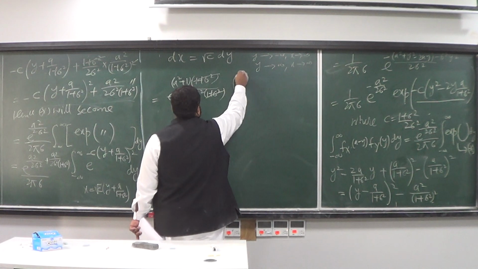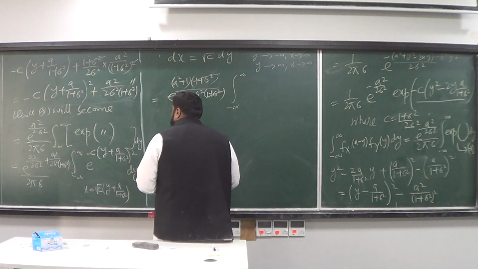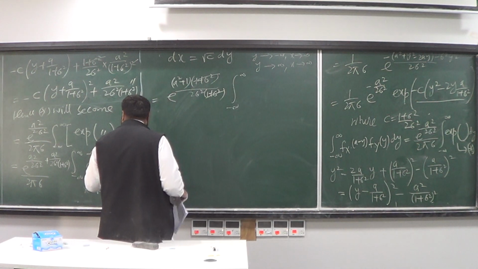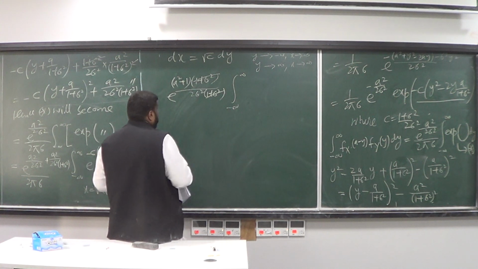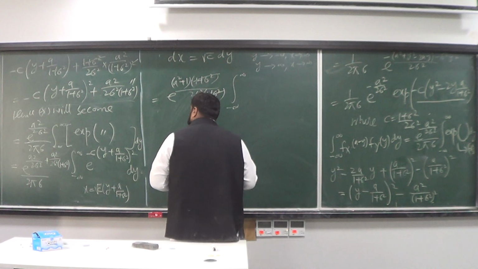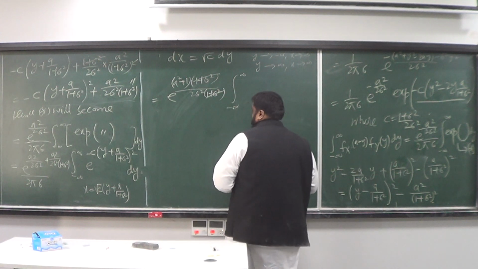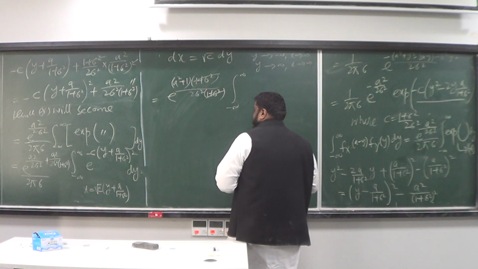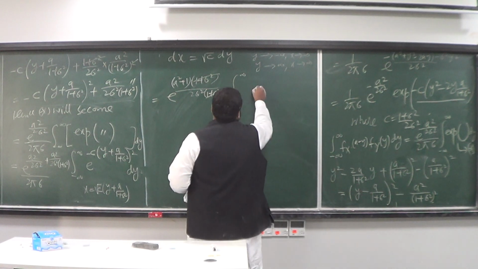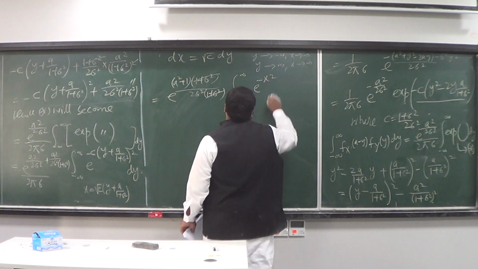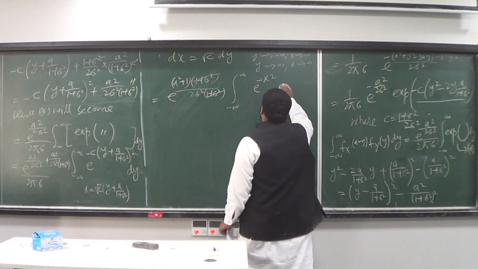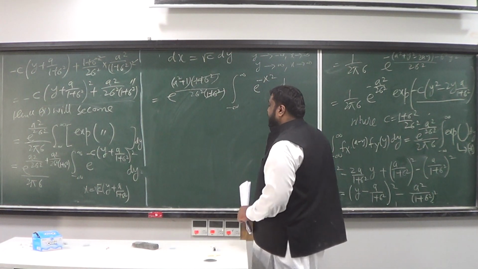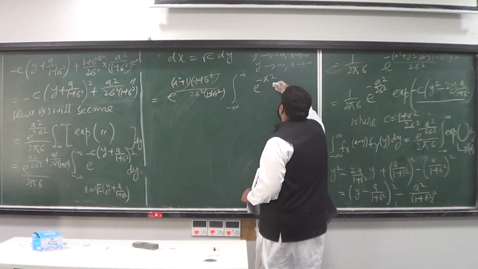What will be inside the integral? Inside the integral, this is going to be e to the minus x square, and dx will become the square root of c dy.